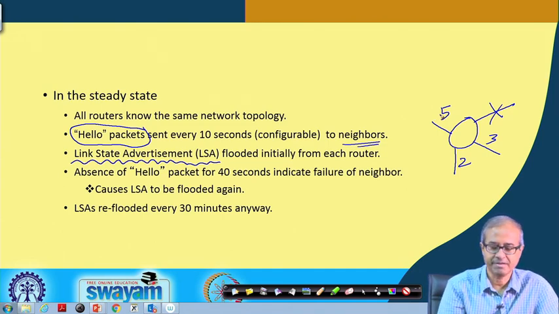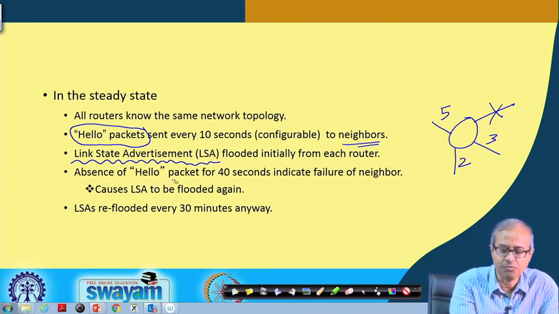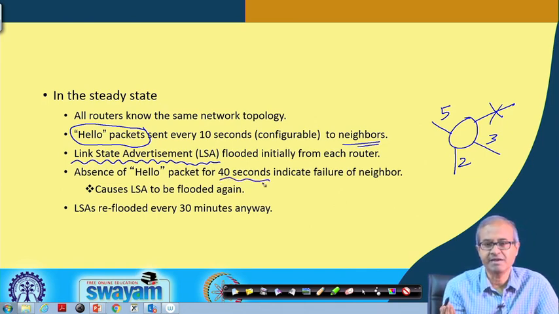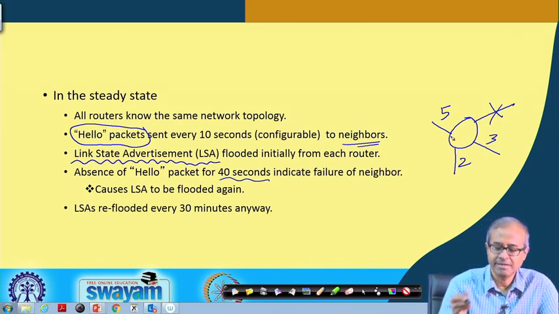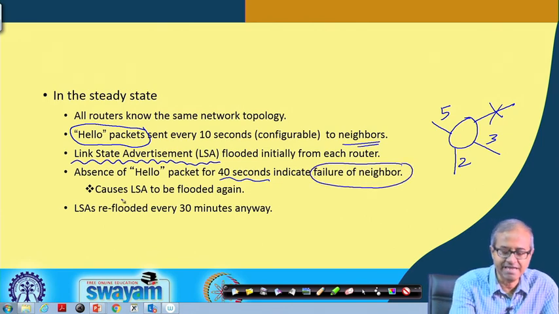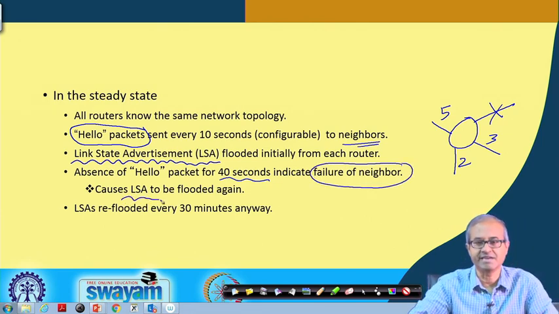Okay. Now, absence of hello packets for a certain time, for 40 seconds or so, may lead the router to conclude that, well, that link is currently down, that other router has failed. Okay. So, once such a failure is detected, this link state advertisement is initiated again.